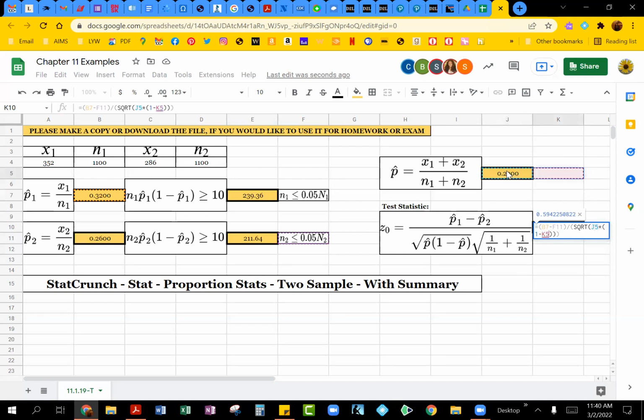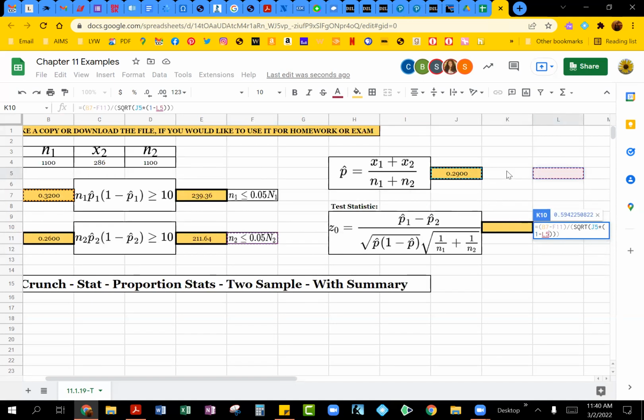Okay, so that's the first square root. Oh, didn't mean to change that. Okay, so I'm going to come outside of the second parentheses because that closes the square root, and then we multiply by square root again, and that's going to have its own parentheses.